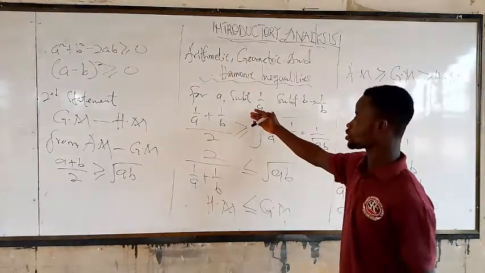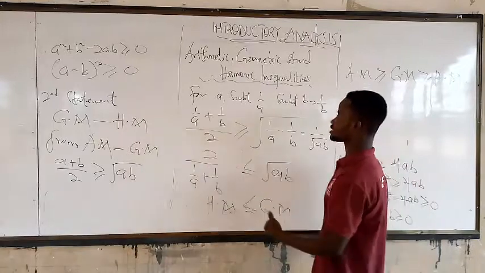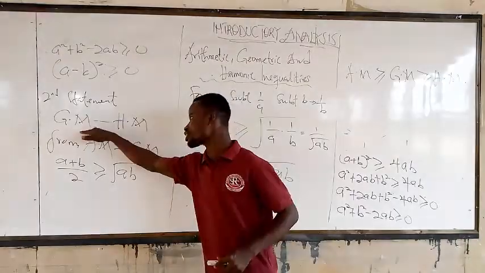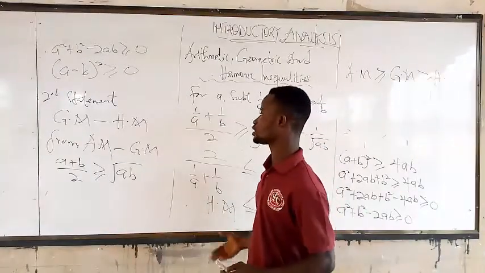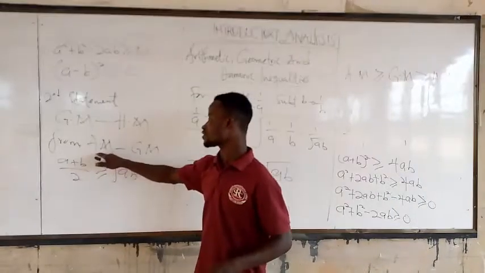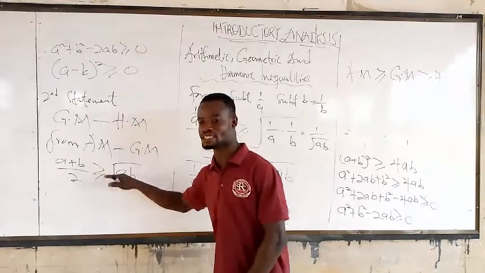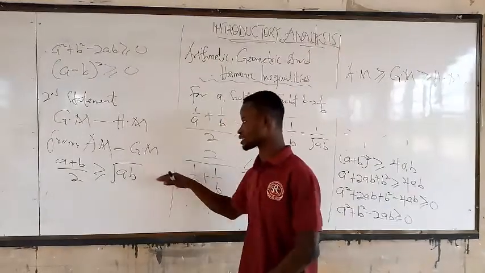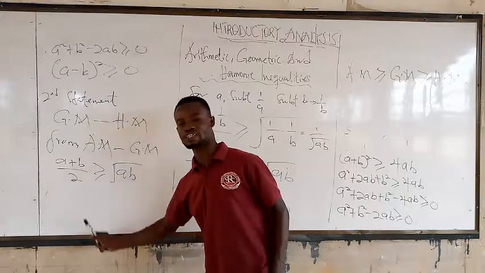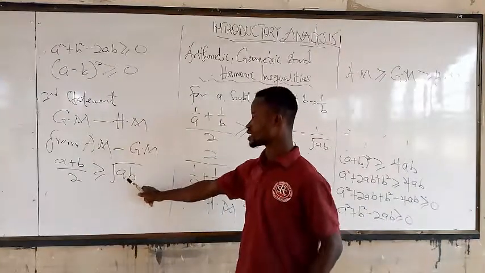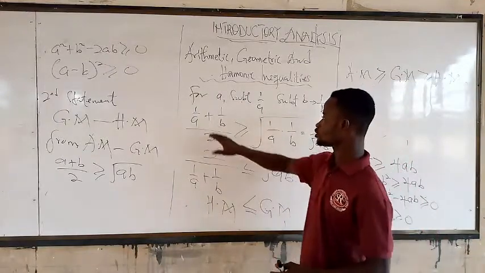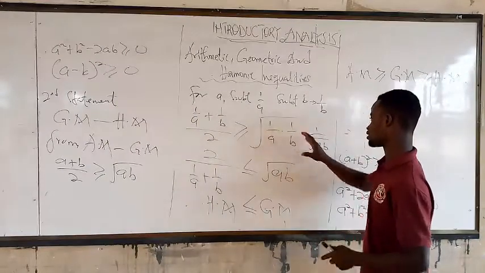Please don't be confused here. What we did is that we considered it from the arithmetic mean and the geometric mean. So you can see that here the arithmetic mean is this, the geometric mean is this. When you take the inverse of a and b, you get something like this, and the same thing applies to this side.